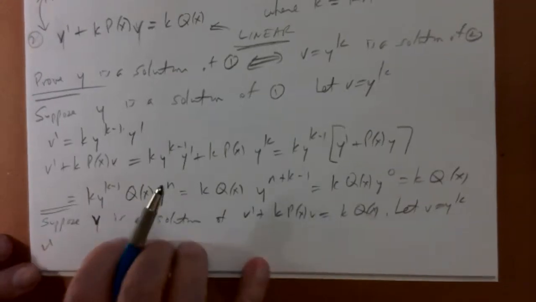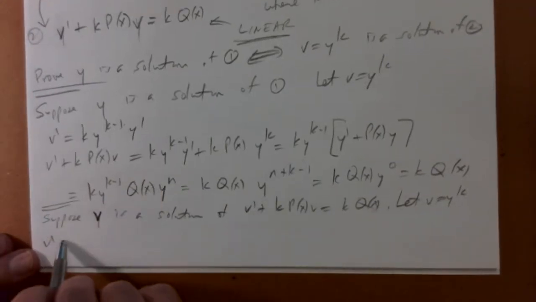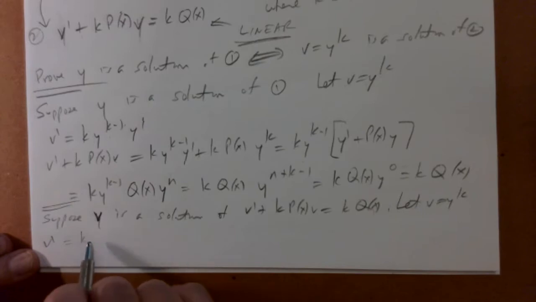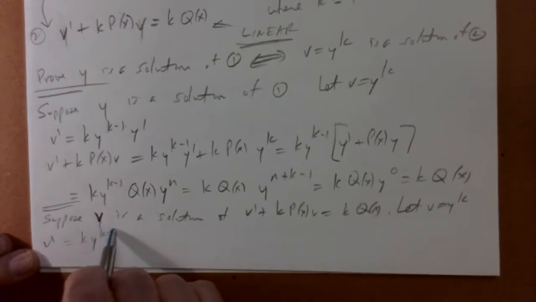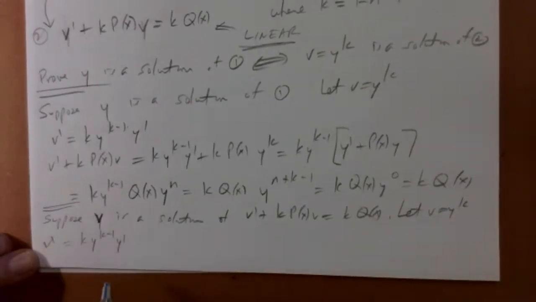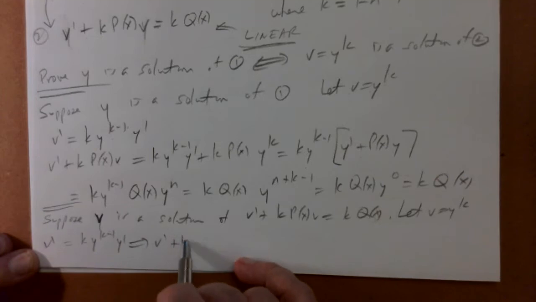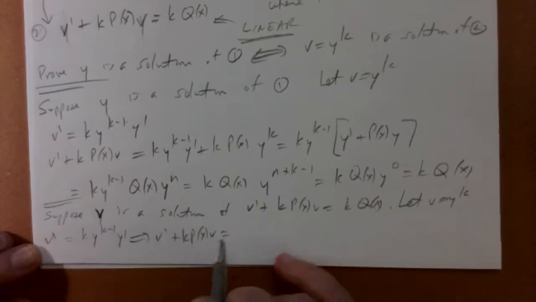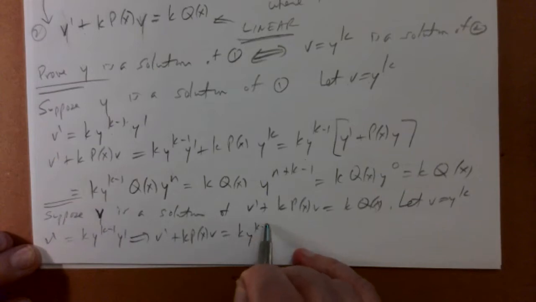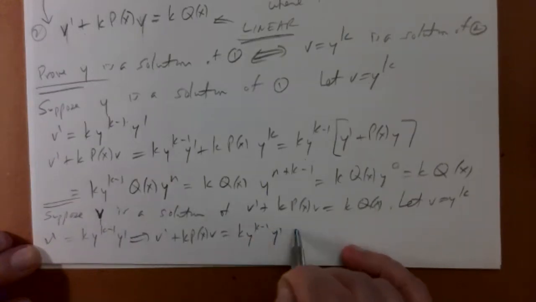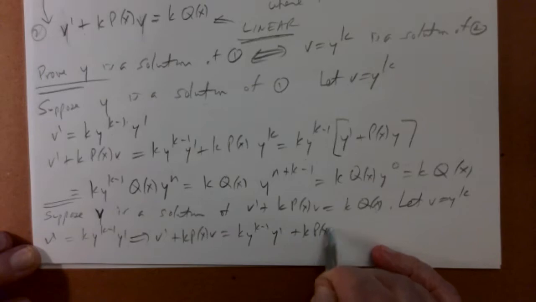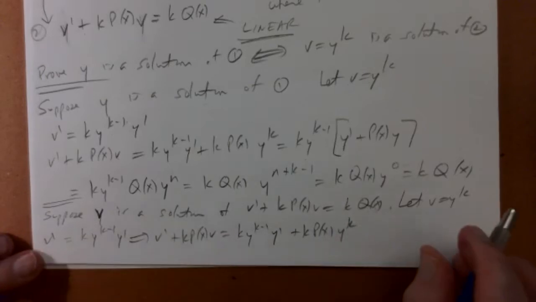So v prime is k y to the k minus 1 y prime. So v prime plus k p of x v is k y to the k minus 1 y prime plus k p of x times v, which is y to the k.